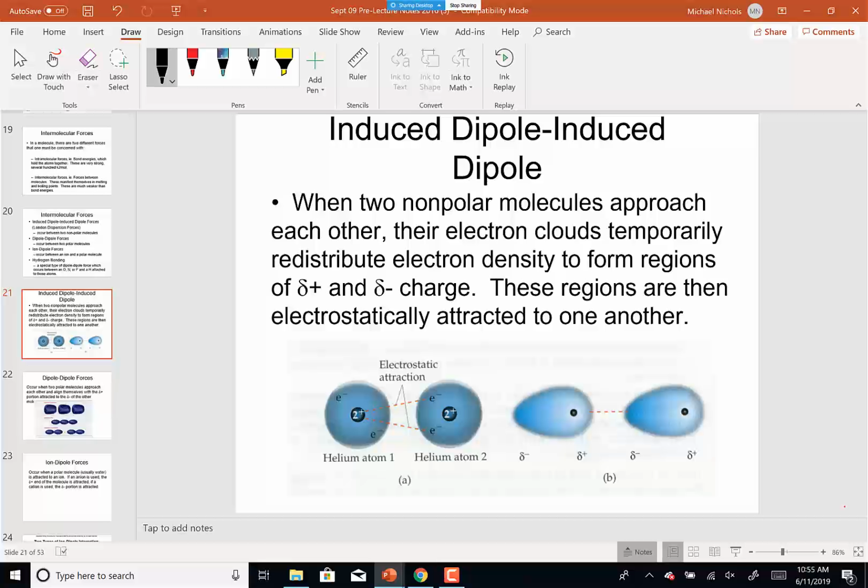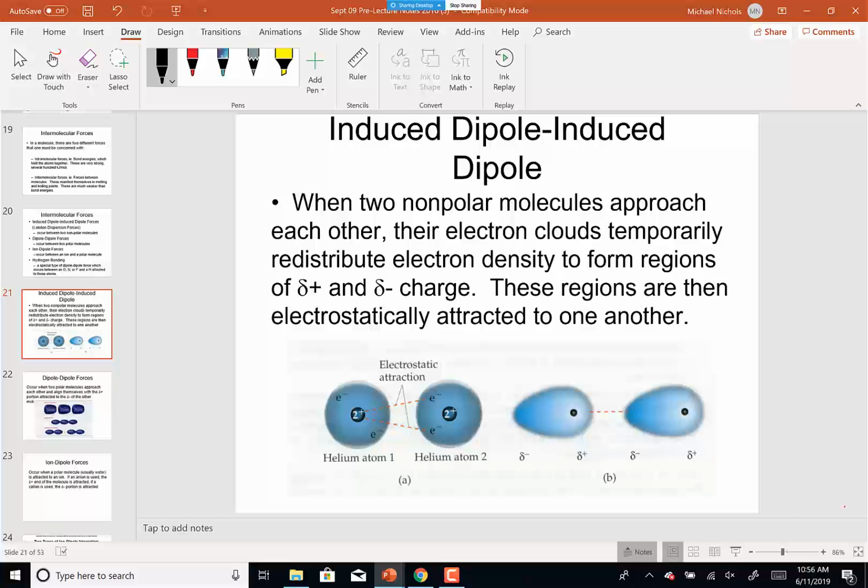Induced dipole just means that if we bring two atoms or two nonpolar molecules together, since there is no charge on their surface, there's no delta plus at this end and delta minus at this end, since it's all the same charge, when they come together, the best they can do is distribute their electrons so that for a fleeting fraction of a second, they generate a delta positive at one end and delta minus at the other to be attracted to each other.